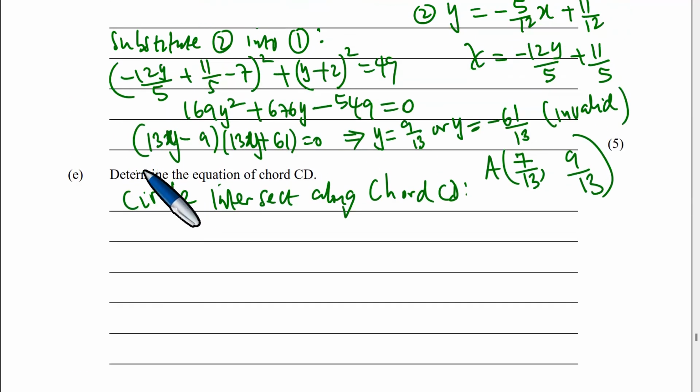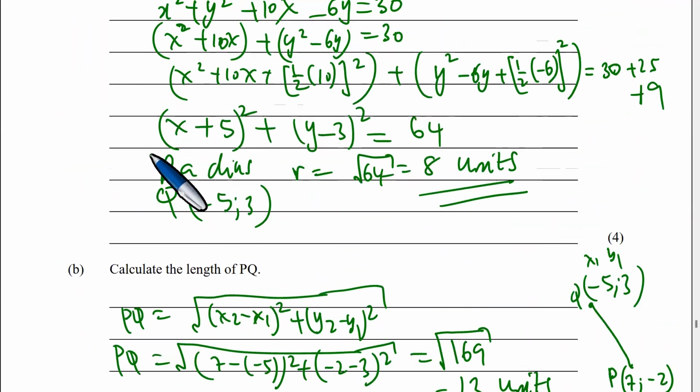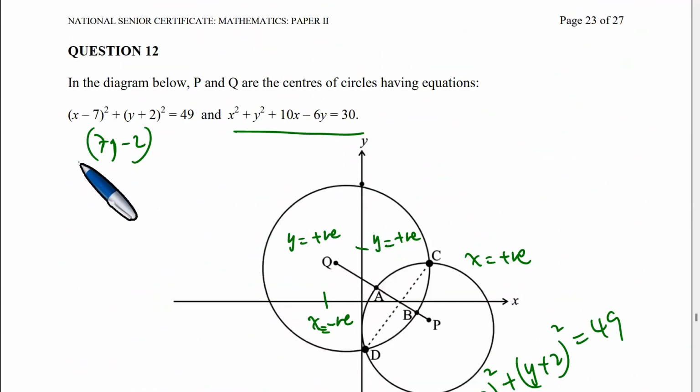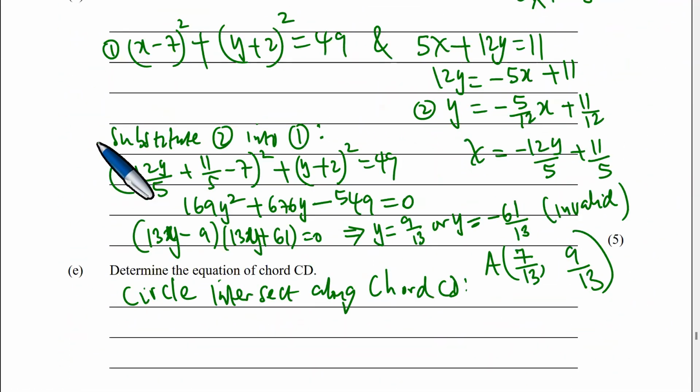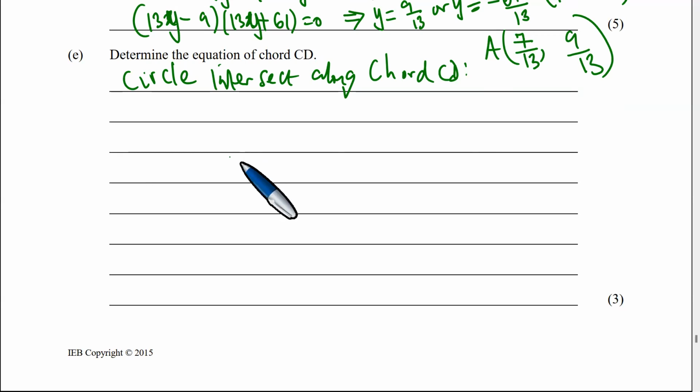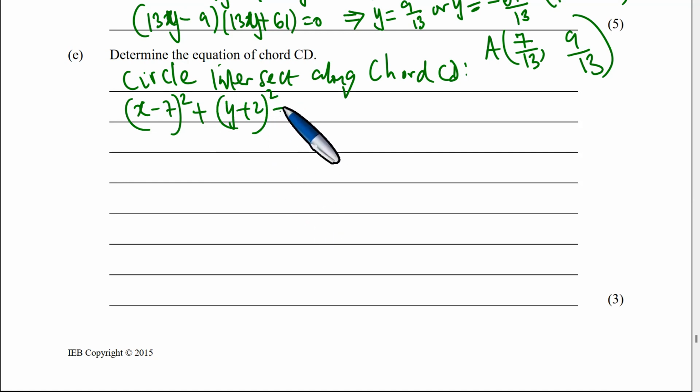So you have the first one, which is x minus 7 all squared, plus y plus 2 all squared equals 49.